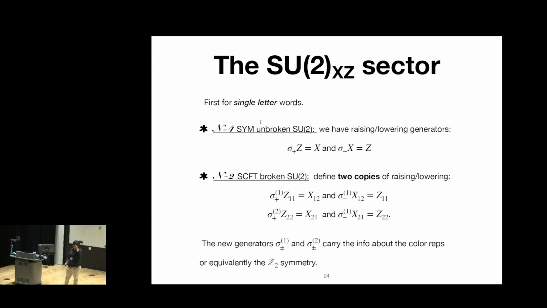Now I give them an extra index, an index 1 and 2, which has to do with the Z2, or the fact that I have two color groups, and I simply prescribe how they act. Clearly, these operators know about the color, because this was an adjoint object and this was a bifundamental object. So this one is responsible for changing the color representation from this to this. So this is not just a Lie algebra.